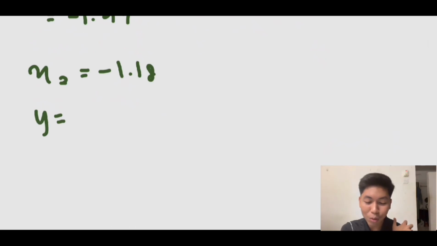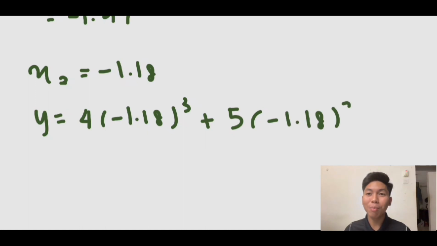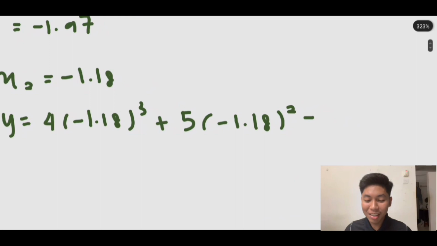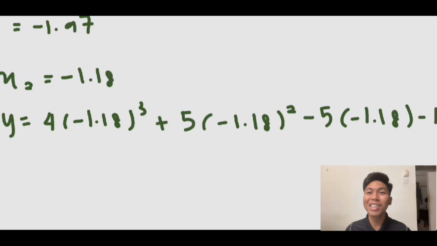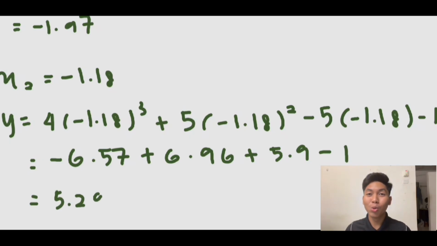y equals 4 times negative 1.18 power of 3 plus 5 times negative 1.18 squared minus 5 times negative 1.18 minus 1 equals negative 6.57 plus 6.96 plus 5.9 minus 1 equals 5.29.